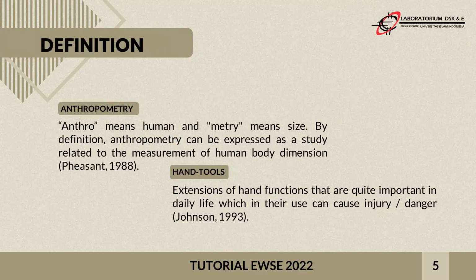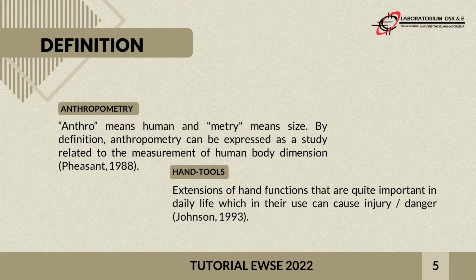Before we continue, we must know first what anthropometry is and what hand tools design is. Anthropometry comes from the words anthro, which means humans, and metry, which means size. By definition, anthropometry can be expressed as a study related to the measurement of the dimensions of the human body.